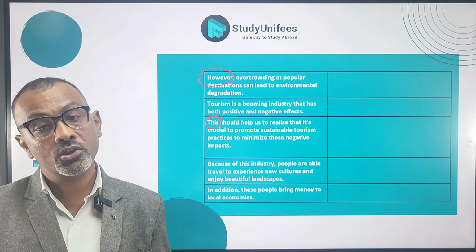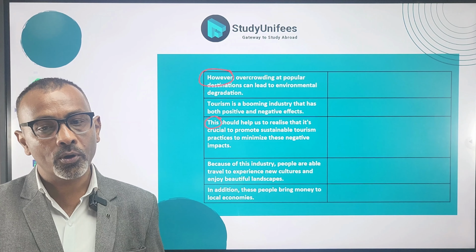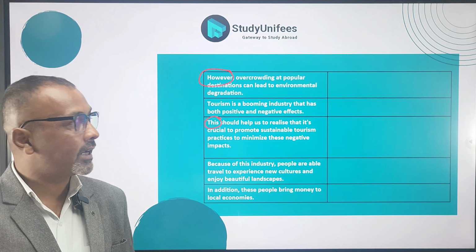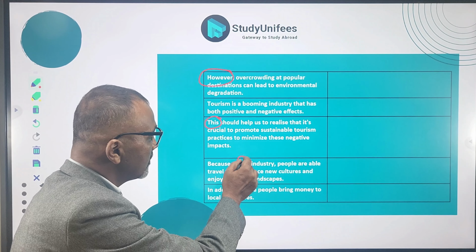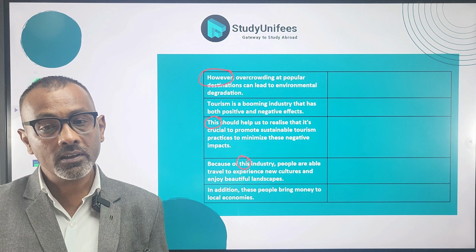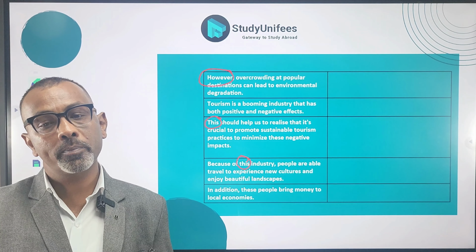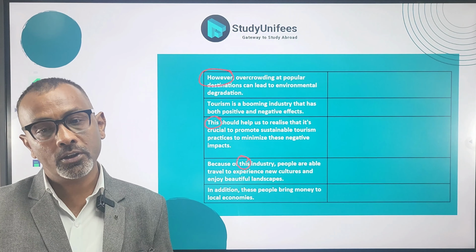Now let's look at the fourth sentence. Because of this industry, people are able to travel to experience new cultures and enjoy beautiful landscapes. This too has a pronoun that refers back to a previous idea. Because of this, the sentence cannot be a topic sentence either.